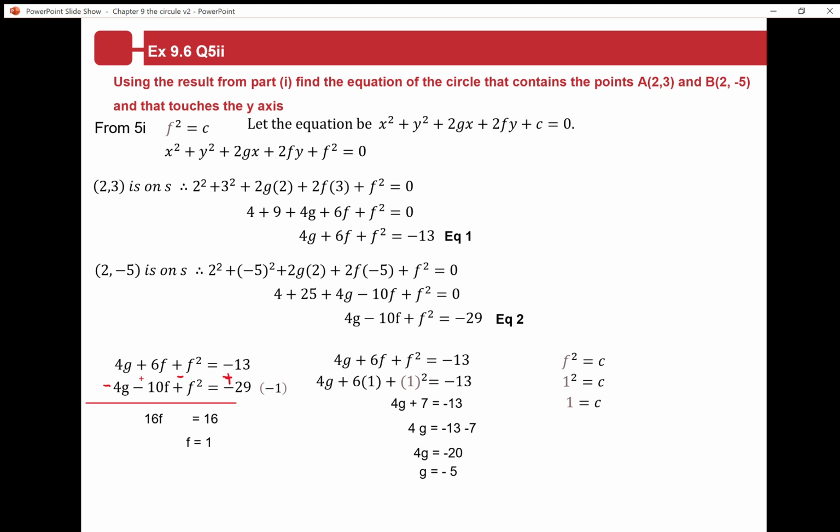Now that I found f, g and c, I will substitute them into my equation of the circle, and I get x squared plus y squared minus 10x plus 2y plus 1 equals 0. Okay guys, that's question 5 on exercise 9.6.